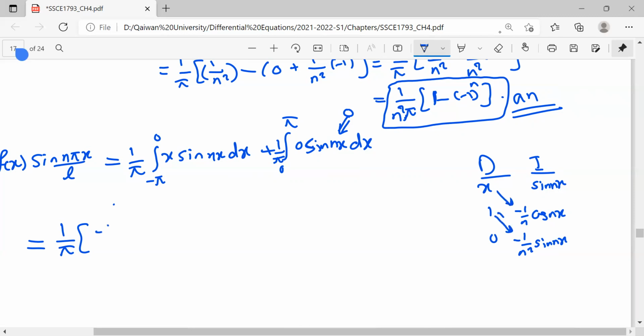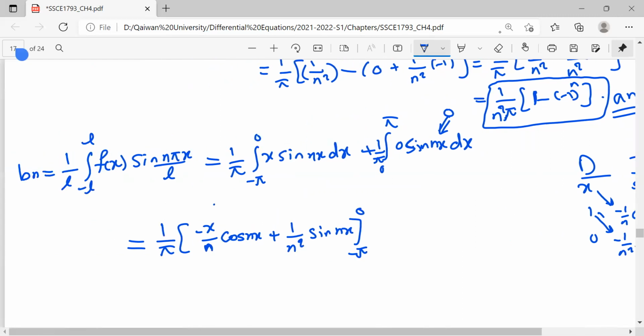We get minus 1 over n, minus x over n, sorry, because x times minus 1 over n cosine nx is minus x over n cosine nx plus, here negative times negative is positive, so 1 over n squared sine nx from negative pi to 0.